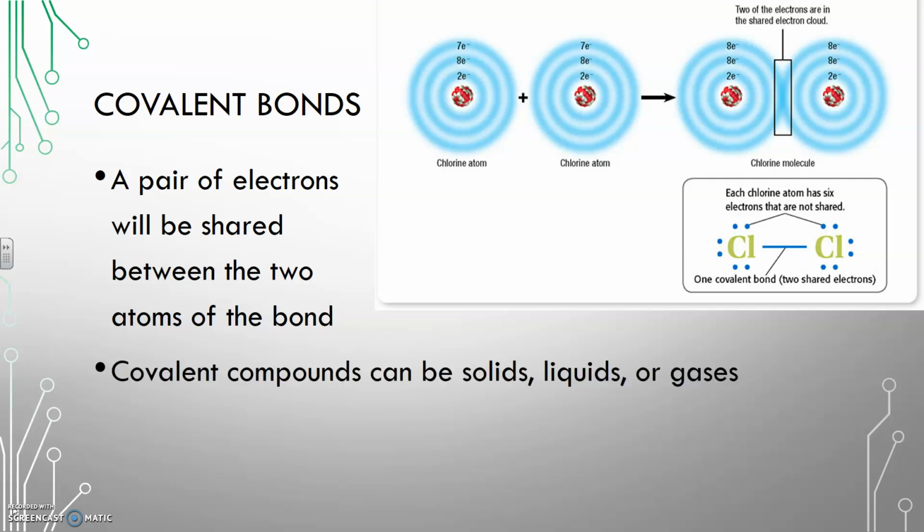So covalent compounds can be found as solids, liquids, or gases at room temperature, whereas in ionic compounds you have that network. So it's pretty much every ion in the network is connected through a series with every other ion. Okay, covalent compounds are a little bit different. So the compound itself is a unique individual thing.